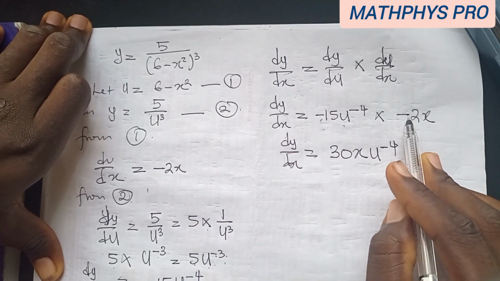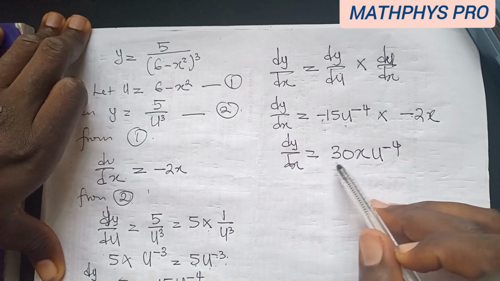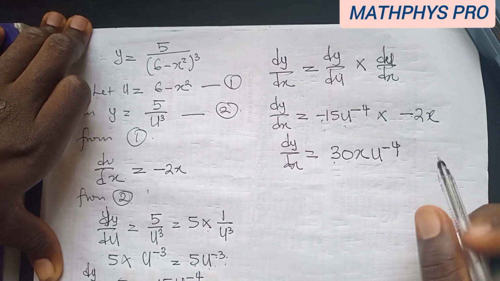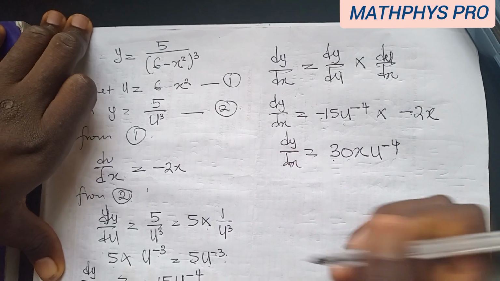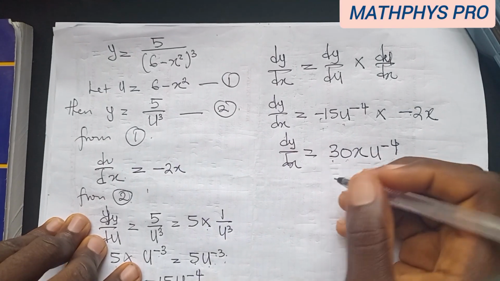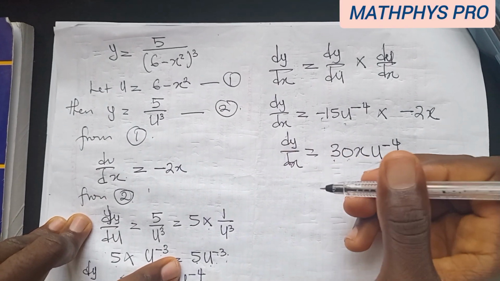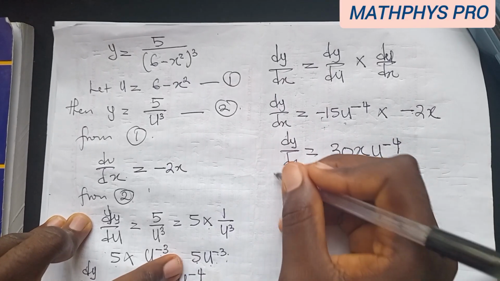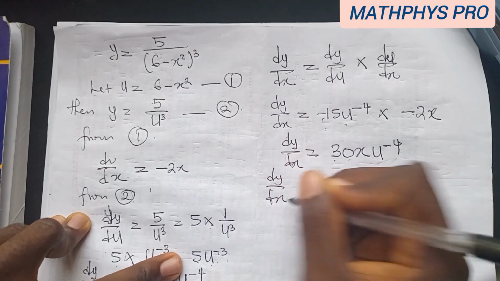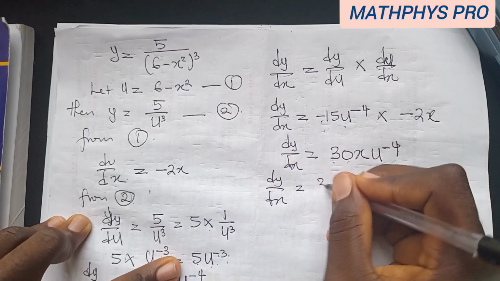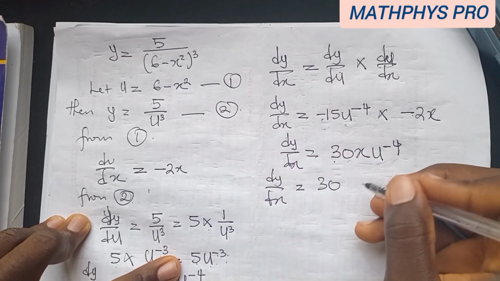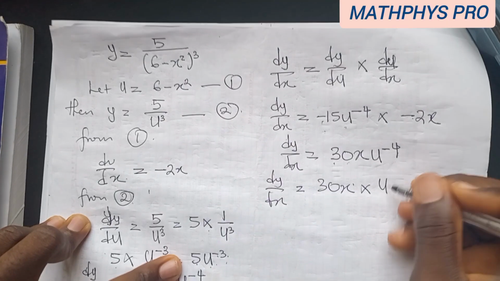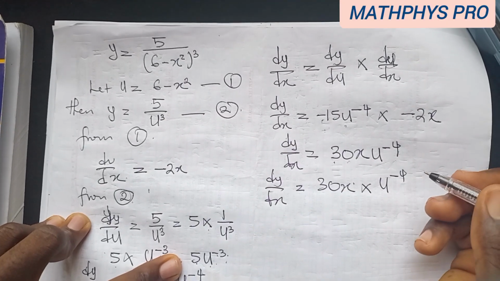Minus 15 times minus 2 gives you plus 30. So now we can say that dy/dx is also written as 30x times u raised to the power minus 4.